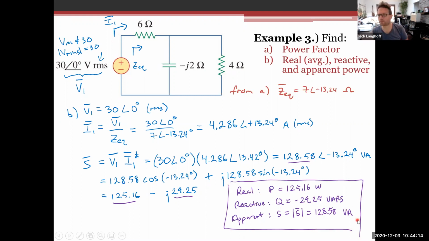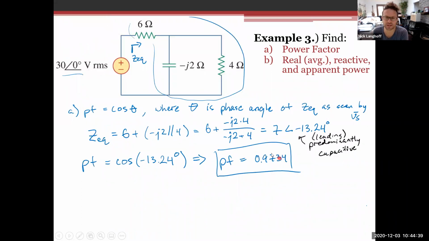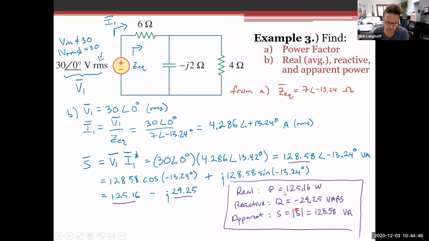Now, before we move on to look at anything next, what we should recognize is that 125.16 watts out of the apparent 128.58 volt amps is delivered to the load. That's synonymous with seeing a relatively high power factor. 97.34% of the apparent power is transferred to the load.